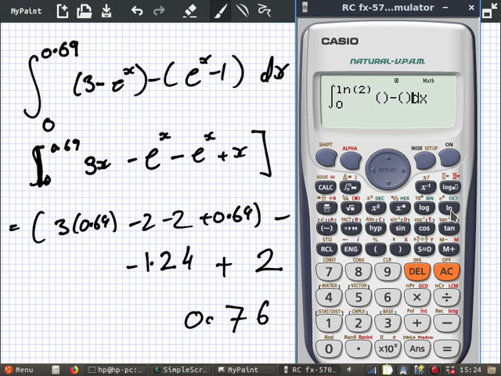Bracket, bracket, minus bracket, bracket. What was the first one? 3 minus shift. Where is E gone on this? It's here, isn't it? Yeah, that's one way to do it. And then minus shift E alpha X minus 1.